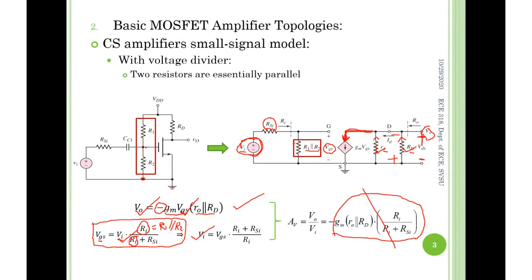And then if you do a ratio between them, you need to make sure the VGS can be canceled out, because sometimes you cannot guarantee that. Therefore, simply looking for the ratio between V naught and Vi probably doesn't work.